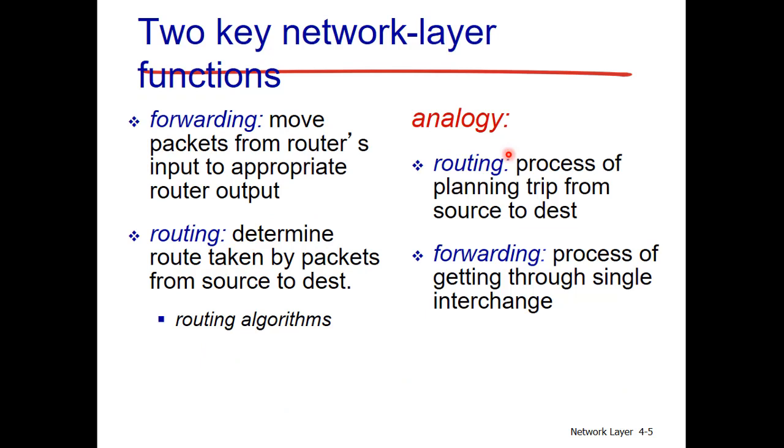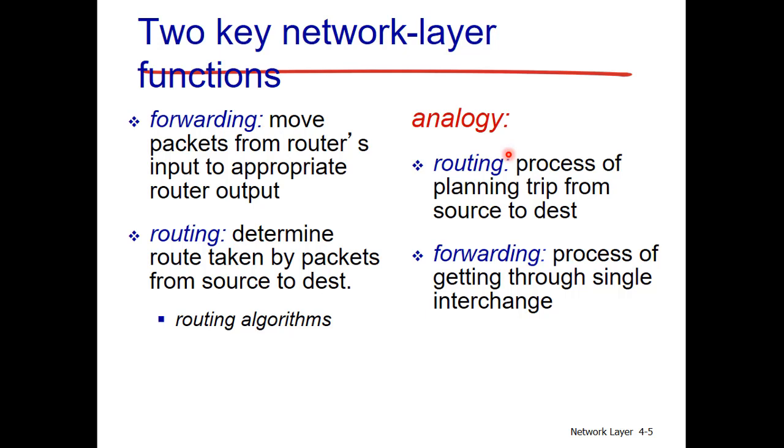The two key functions of this layer are forwarding and routing. Forwarding is moving a packet from the router's input to the router's output. Once a packet arrives at any port of a router, that router looks up the routing table and finds the destination of the packet from that table.